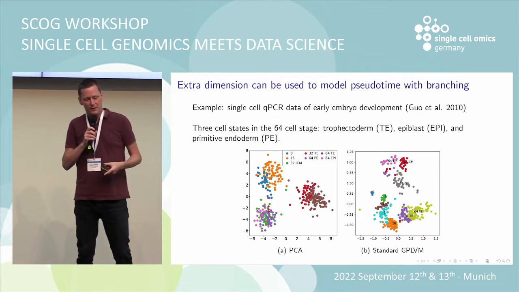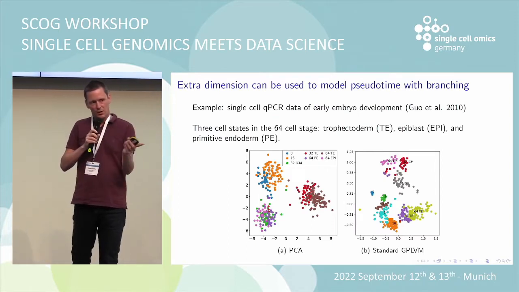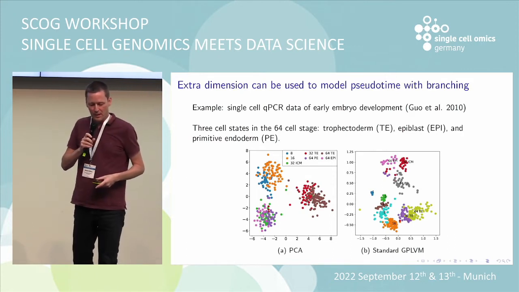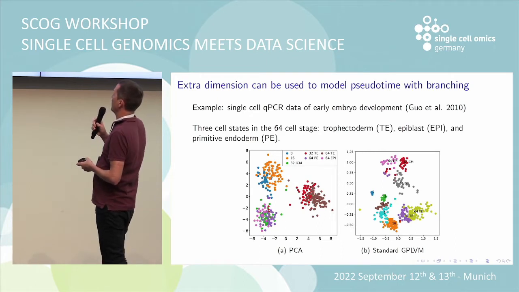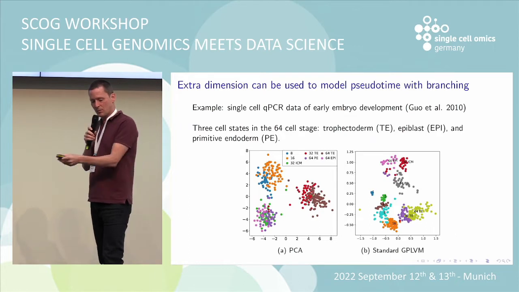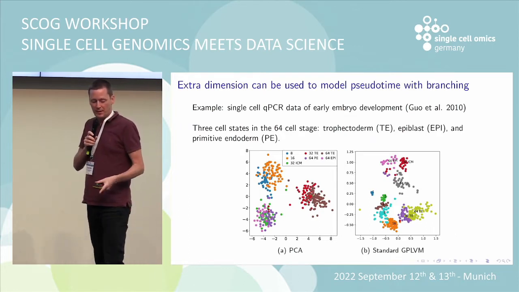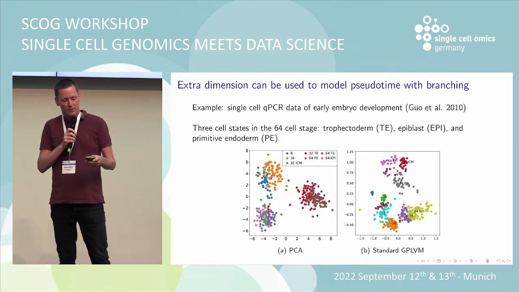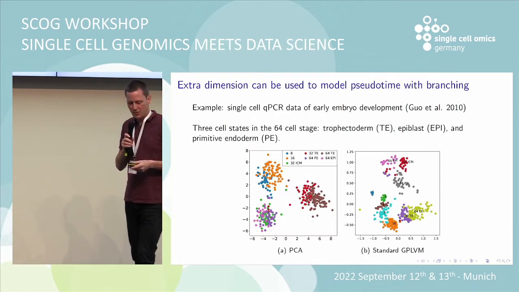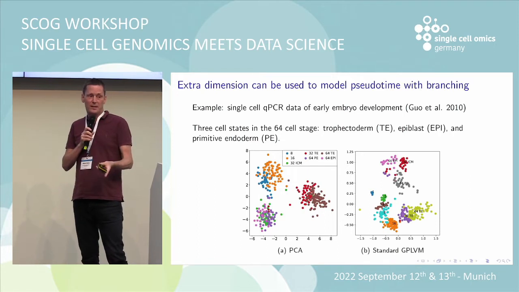The other nice feature is that you can use these extra dimensions to model things beyond just the time covariate. So here's a quite small scale data set, but it's good for illustration. You have these developmental time courses in early embryos. If you do a PCA, you can see that it's definitely nonlinear because all these different clusters go on top of each other in 2 dimensions. Standard GPLVM just does something like t-SNE or UMAP.